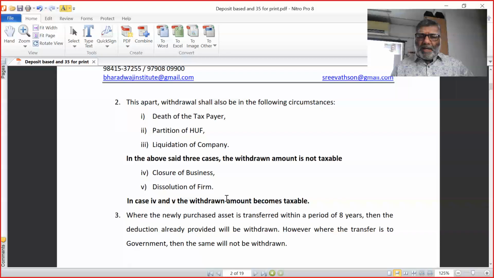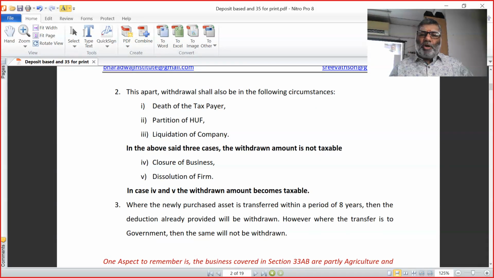This apart, you shall also withdraw in the following circumstances. Partition of HUF, withdrawal amount is not taxable, whereas closure of business and dissolution of firm, withdrawal amount becomes taxable.